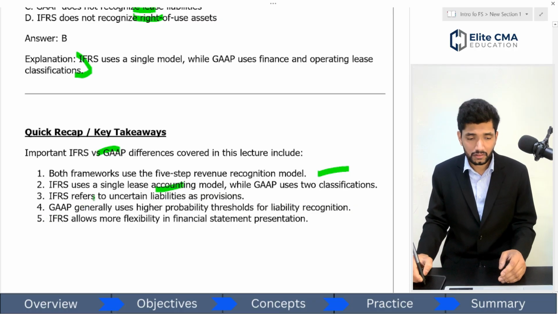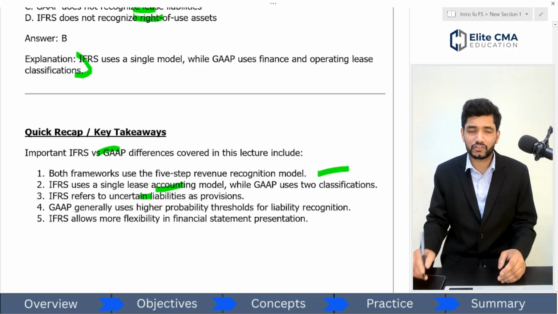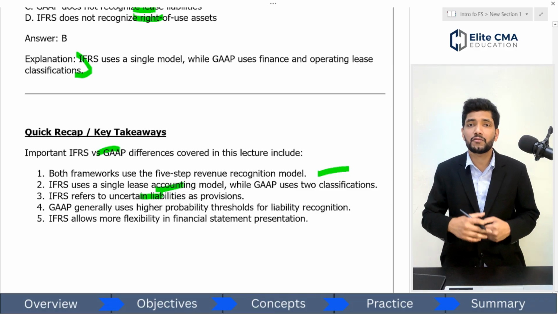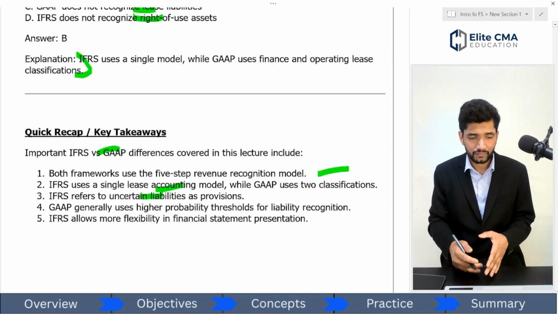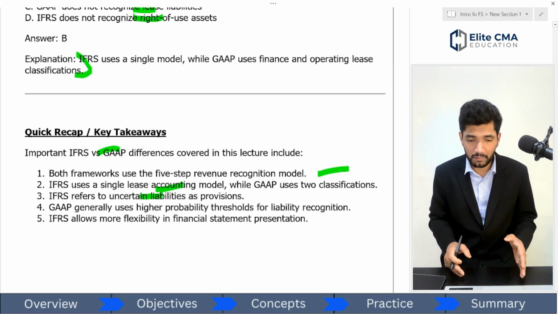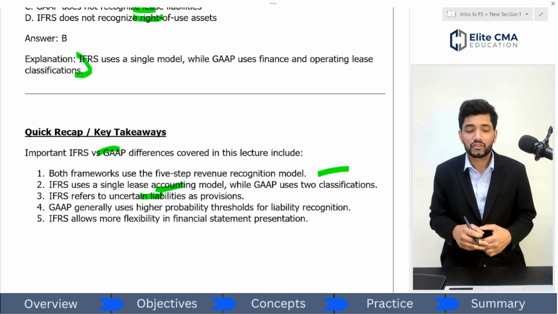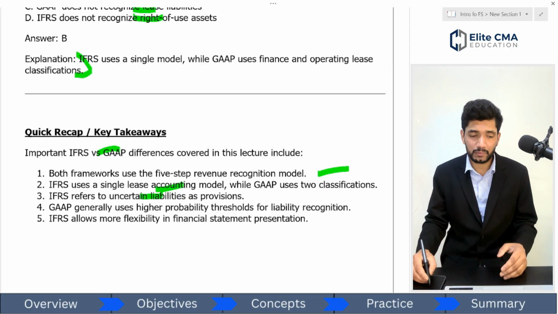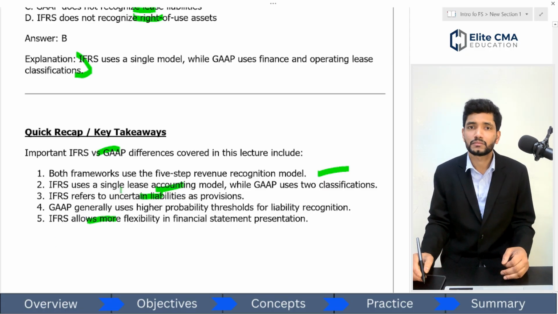Uncertain liabilities in IFRS are called provisions. US GAAP generally uses a higher probability threshold for liability recognition. And IFRS allows more flexibility in financial statement presentation than US GAAP.